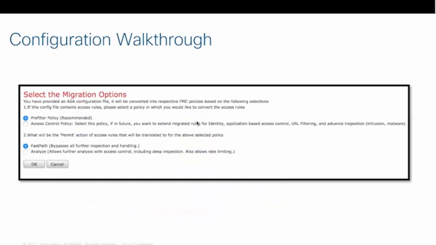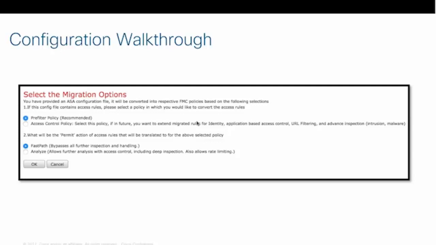Here you can see a screenshot of the migration options page. Once we have selected the migration option we want to go with, either pre-filter policy or access control policy, and the associated action along with it, we can click on the OK button. Once we click on the OK button, the CSM process that is running in the background will start the migration process.